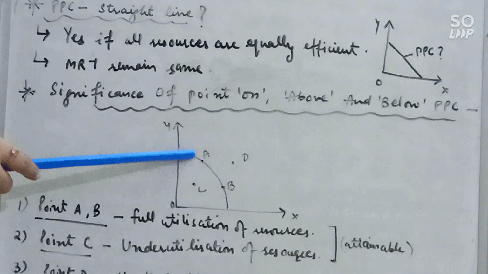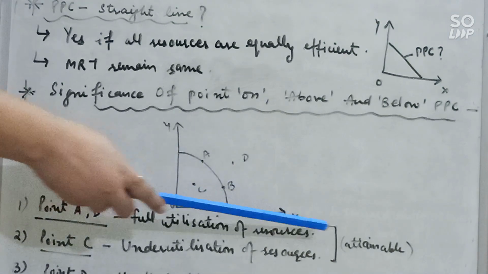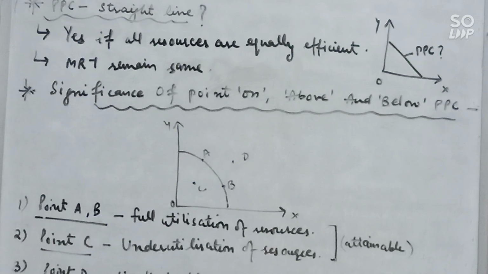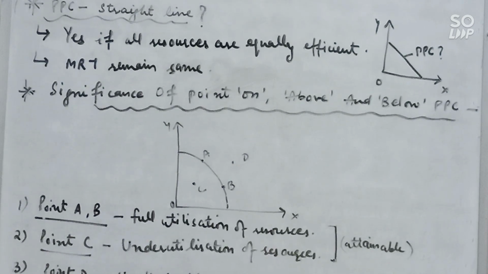A, B, C, these 3 points are attainable and D is unattainable because we don't have so many resources to achieve point D. So point D is possible to attain only if we increase the resources or if there is any change in the technology. Clear? I hope all the points are clear to you. Thank you.